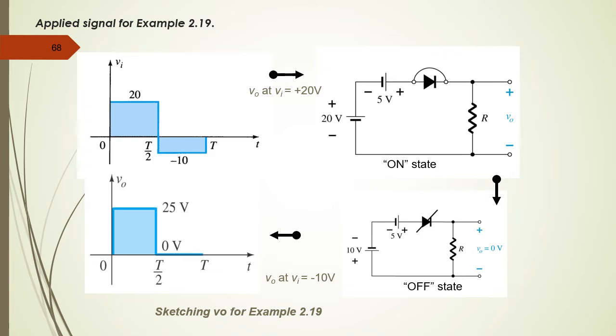Now what happens if we replace the sinusoidal waveform with a square wave? We had the sinusoidal waveform with 20 volt AC. Now we also have the square wave with 20 volt AC.